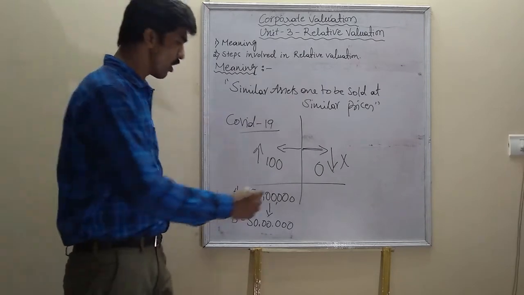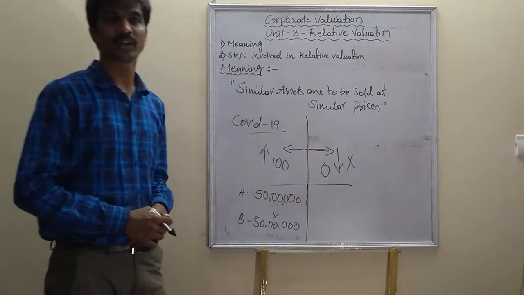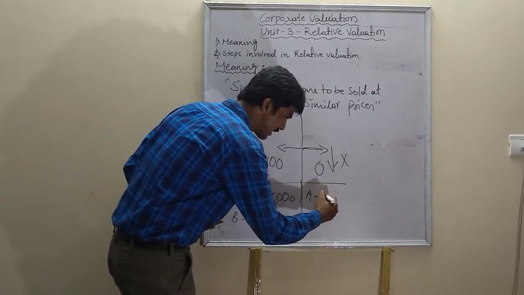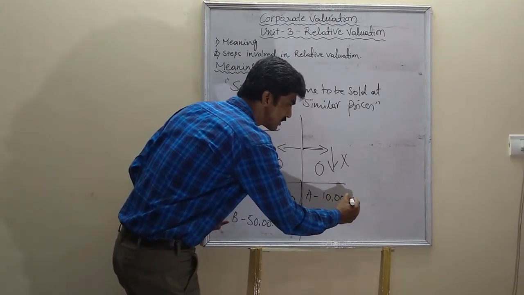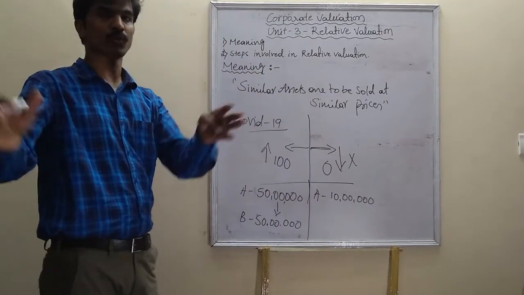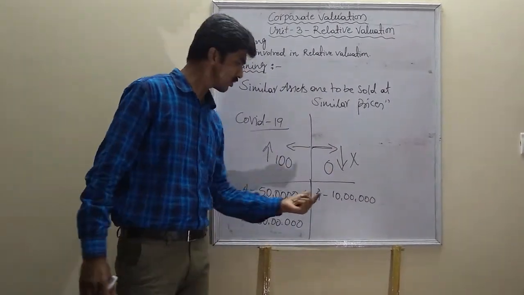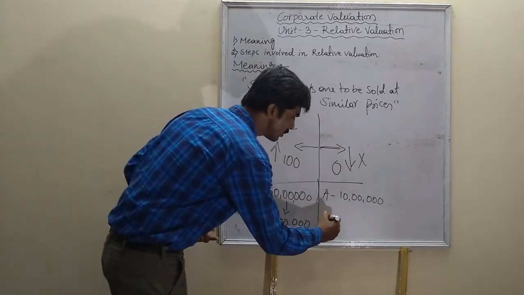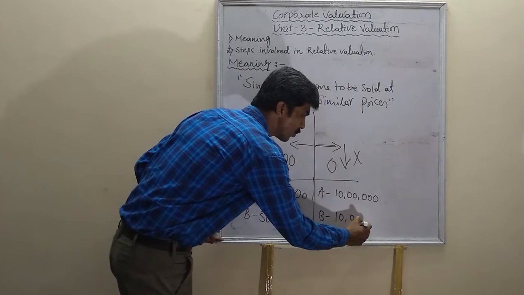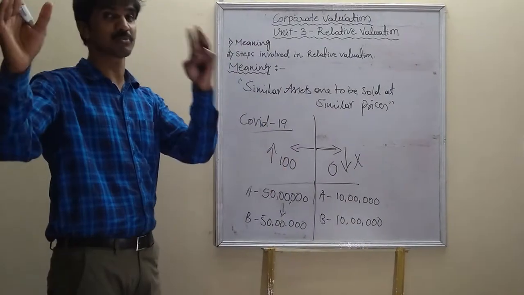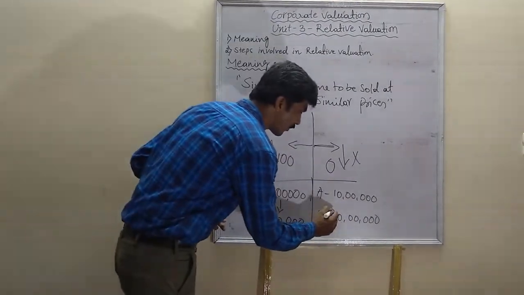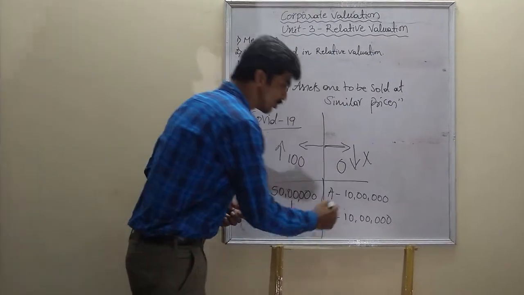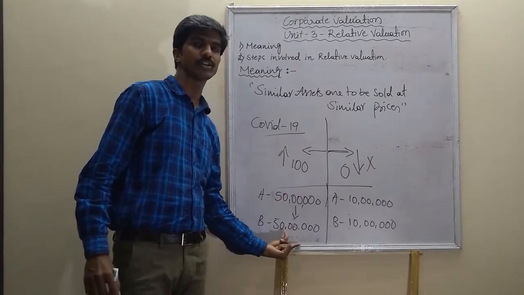But after COVID also, if I go and ask the flat rate, if A's flat is selling at 10 lakh rupees, since there is a lot of impact of COVID-19 and the prices have come down, so A's flat is selling at 10 lakh rupees, even B's flat would also be selling at 10 lakh rupees only. It cannot be 50 lakh. The reason is you are using relative valuation.